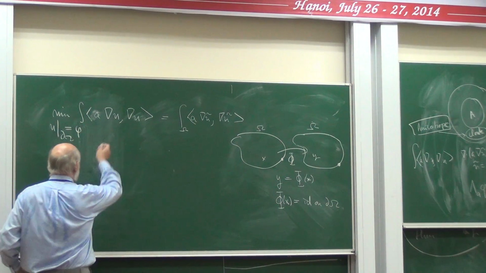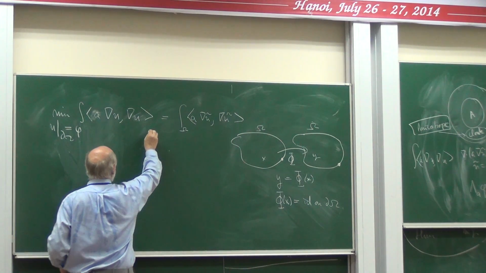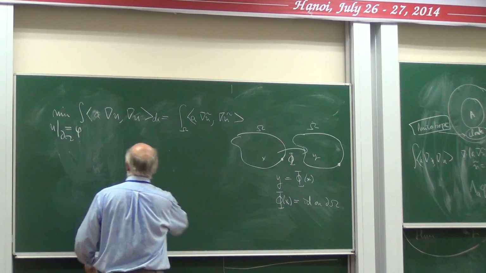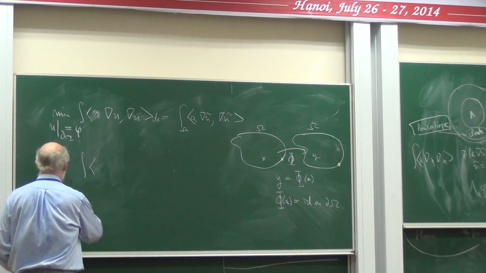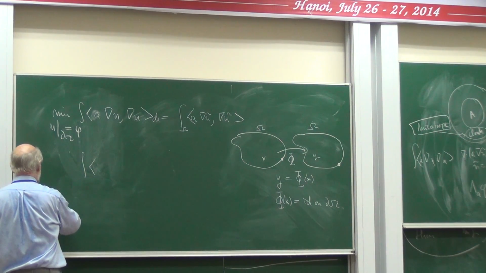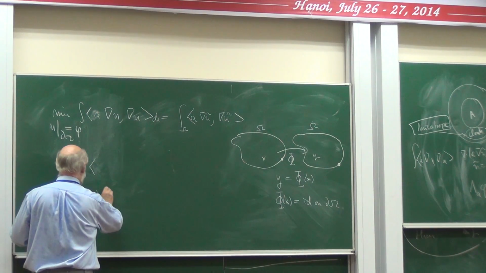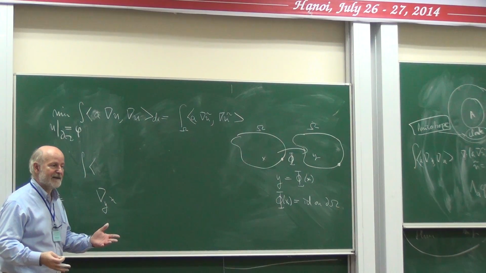Now, if I do that, what happens to this Dirichlet integral here? So here it's an integral dx, because I'm over here. When I go over here, what happens to grad x of u? Grad x of u becomes grad y of u, and then dy dx, right?